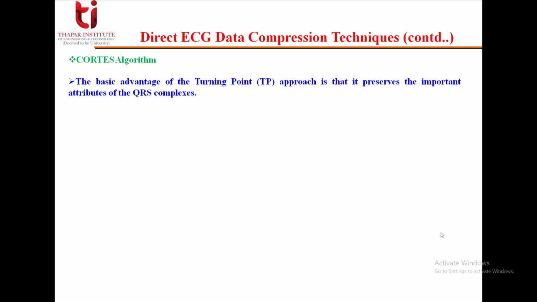The basic advantage of the turning point, that is TP approach, which we discussed in the last lecture, is that it preserves the important attributes of the QRS complexes.